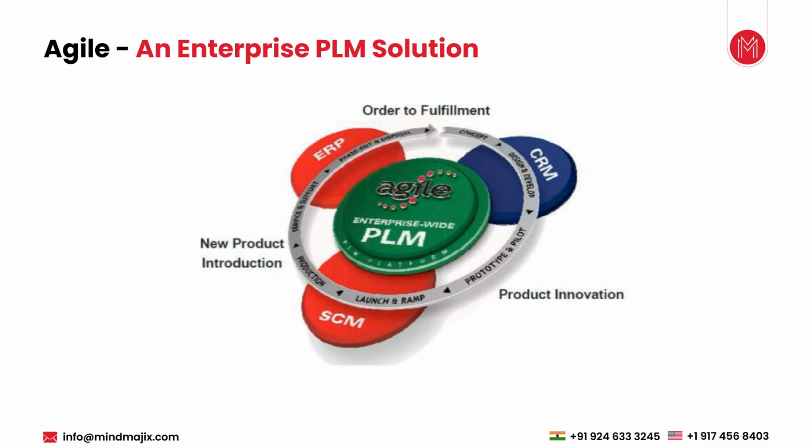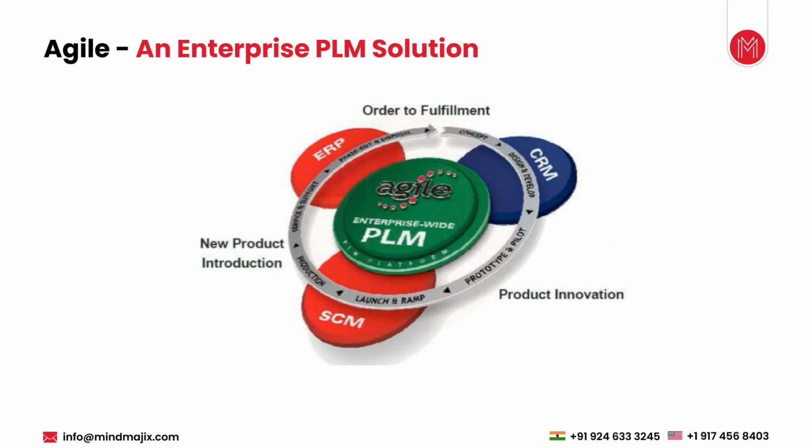These are also important entities for any business. ERP is like a source of truth for all the information. Then CRM is also needed, as well as SCM. All of these get integrated with Agile PLM, which has the capability to integrate in order to do new product introduction, product innovation, and order to fulfillment.